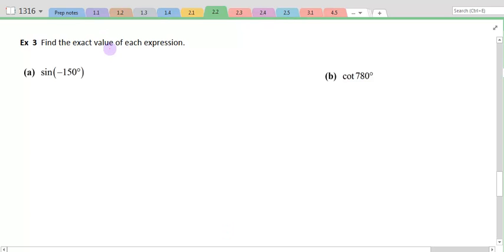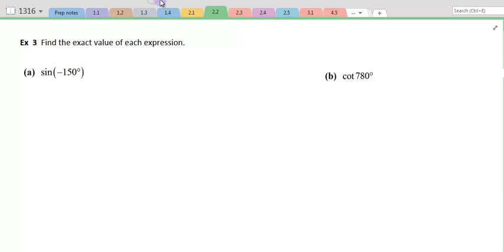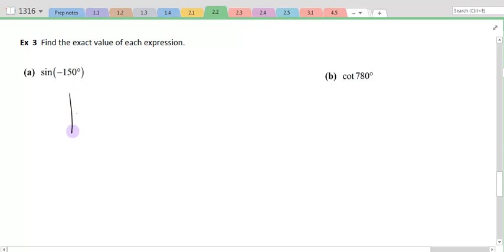So this next example asks us to find the exact value of the sine of negative 150. We're going to let reference angles help us do this, but we're first going to start by drawing a picture. Remember the negative value means that I'm going to move in a clockwise motion, not going quite 180, stopping here in the third quadrant.